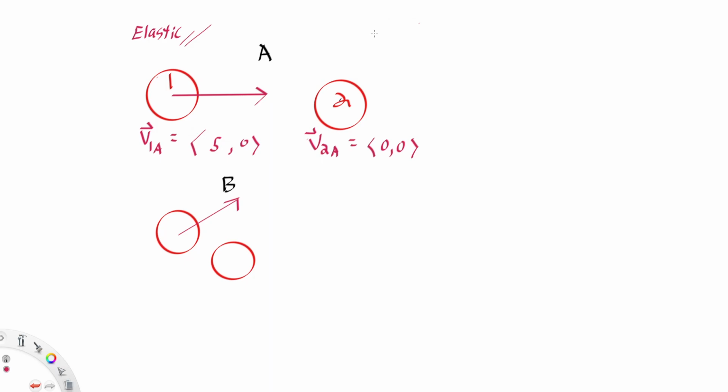And we'll say that it goes off at, say, a 30-degree angle. Ball 2 goes off at some angle at some speed.